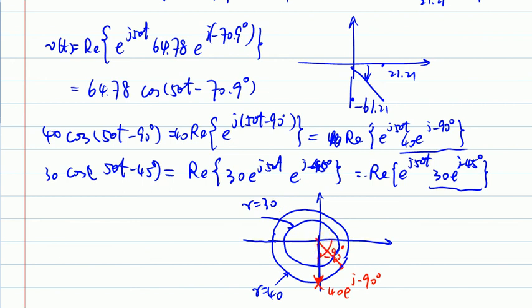The second one is up to here, so let me erase this portion and make it a little cleaner. Now I have a point here, and that is the second one, 30 e^(-j45 degree), and we are adding the two phasors together.